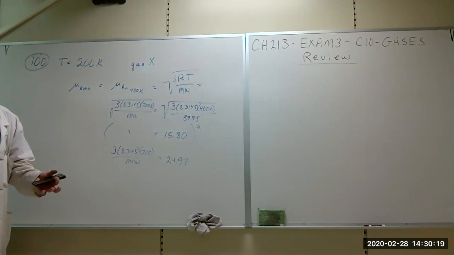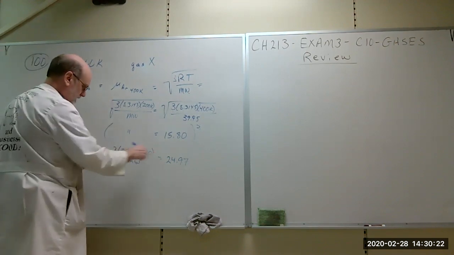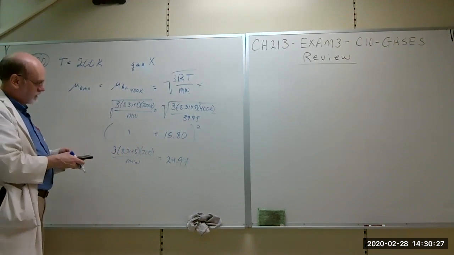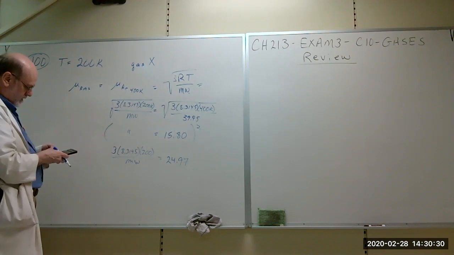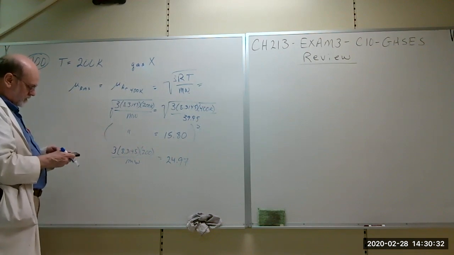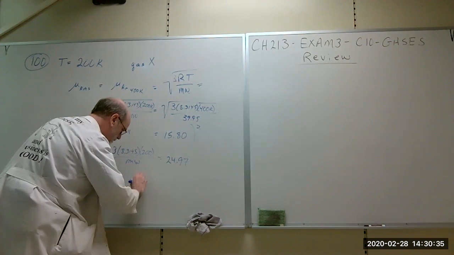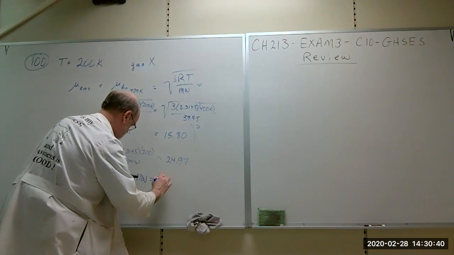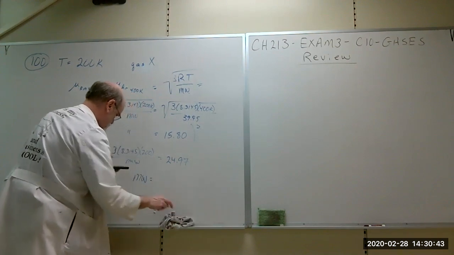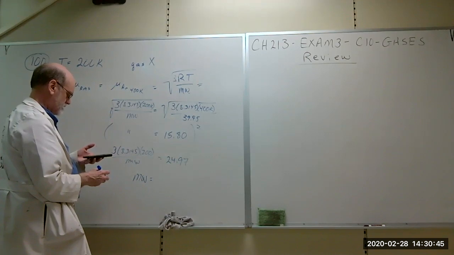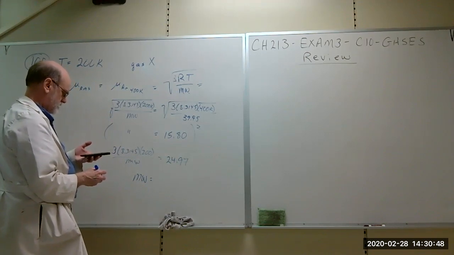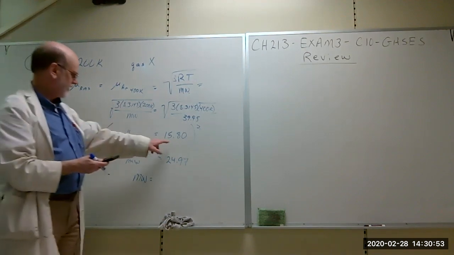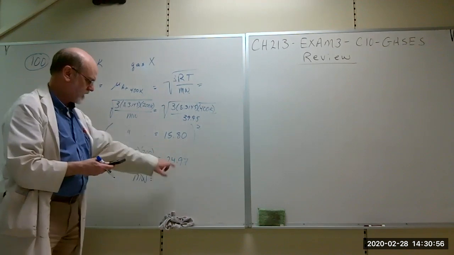Okay, did you see the move? So I just need to say 3 times 8.3145 times 200, divide by 7. So our target molecular weight is 199. We do that again. That's not right.